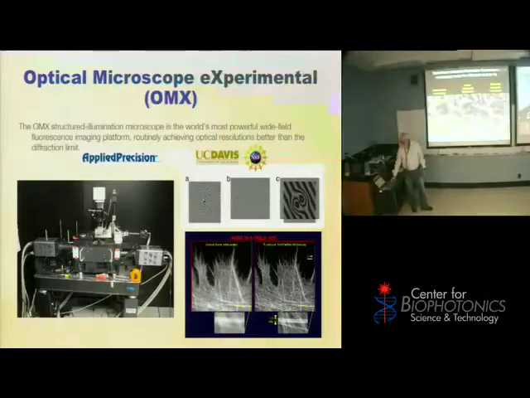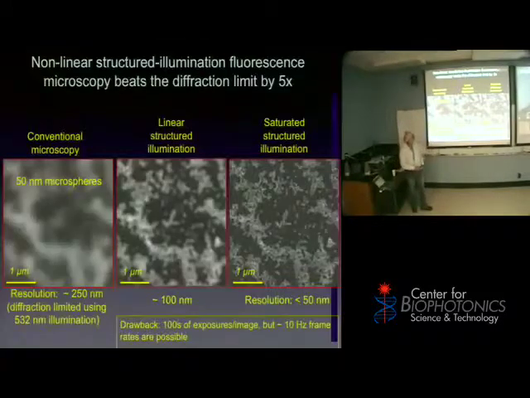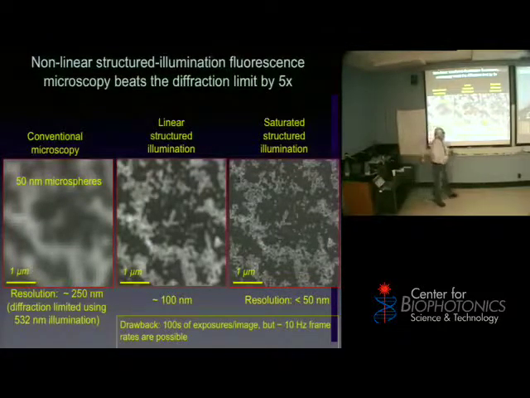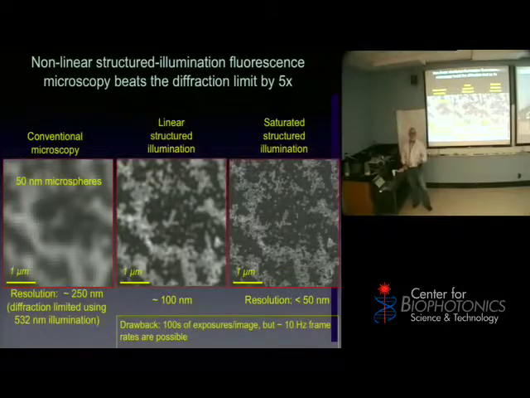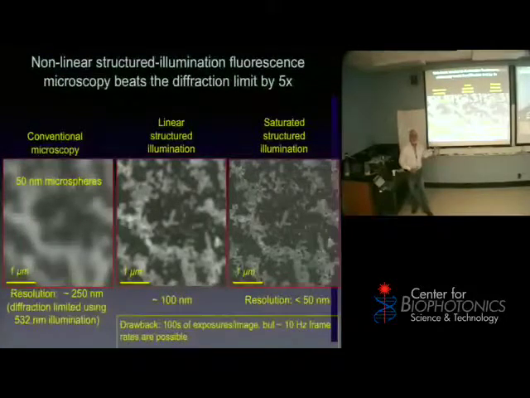But we have another system that goes down to about 50 nanometer resolution, and that's starting to get there. So if we can put fluorescent tags on the synapse region and we can observe things at the 50 nanometer or less regime, and we can do so at 10 or 15 frames per second, I think we've got a chance of doing it. That's still not the neuron problem we talked about earlier, but it's getting there.